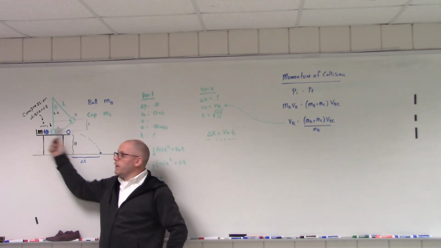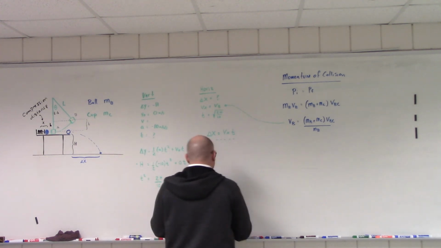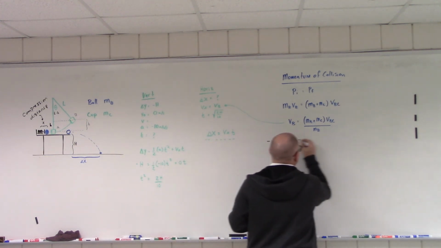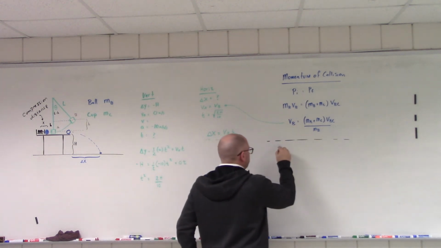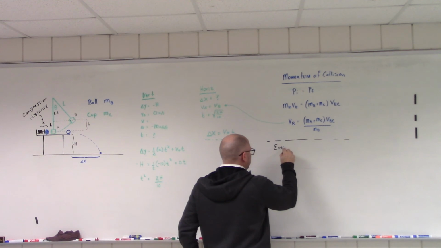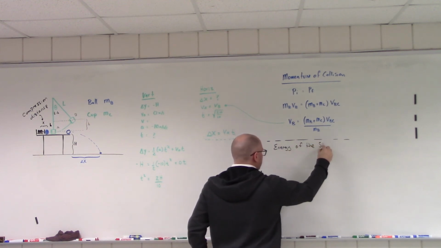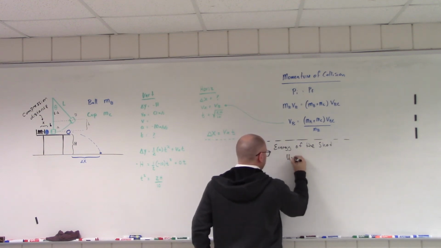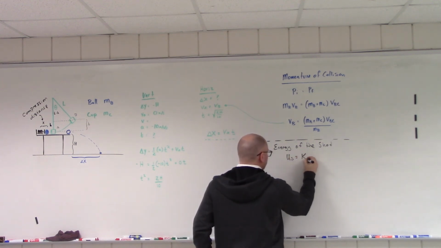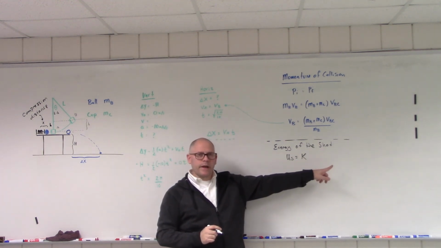It was all in the spring, then it was all in the motion of the ball. So for the shot, we know that all the spring energy goes to all the kinetic energy of the ball.